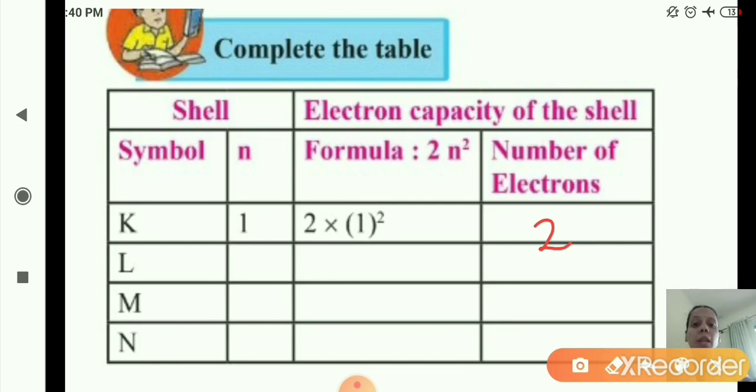So 2 multiplied by 2 square, that is 8. Yes, the number of electrons in L shell is 8. M shell is 18 and N shell is 32. Right, using this formula 2n square, we'll find out the maximum electrons which are present in a particular shell.